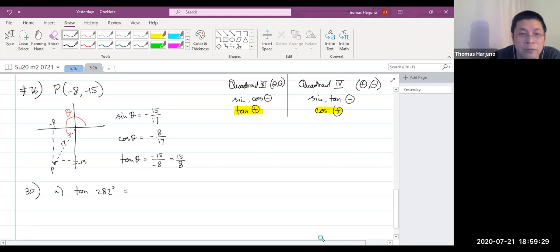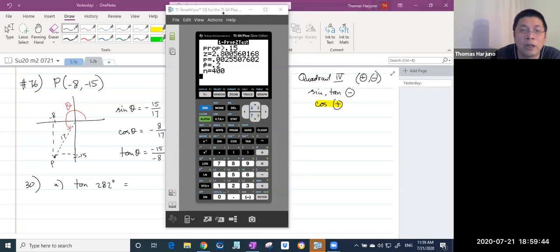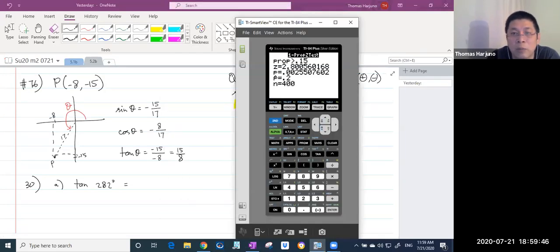I know you have a scientific calculator. What you need to pay attention to is the mode. The mode needs to be in degree in this case, or radian later on. Let me check my mode. My mode is already in degree.